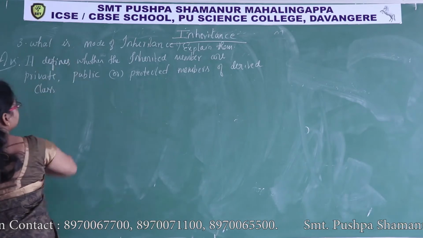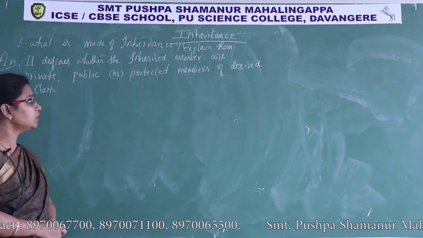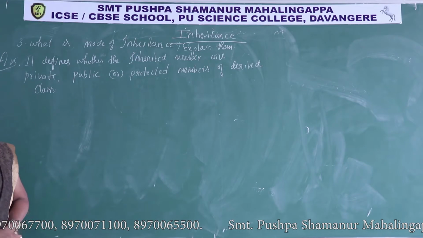It defines whether the inherited members are private, public, or protected members of derived class. So that is the definition.